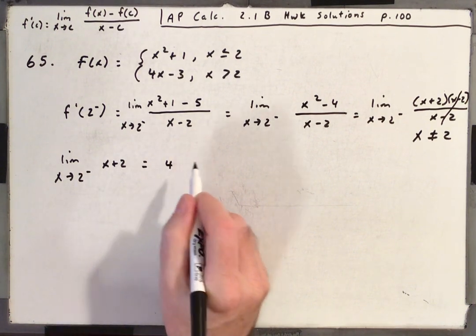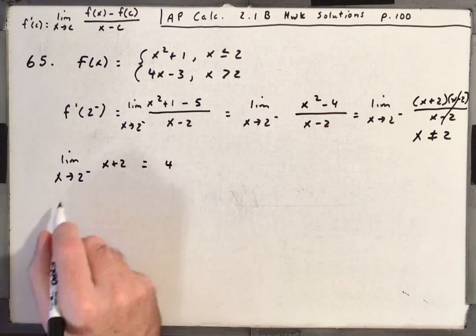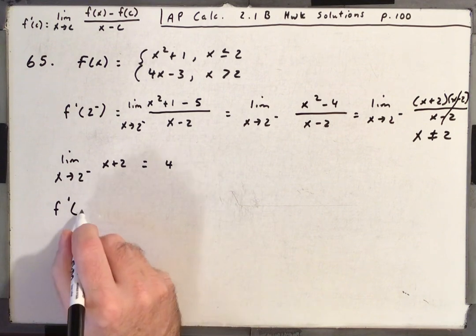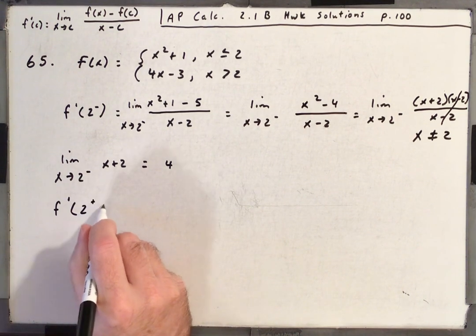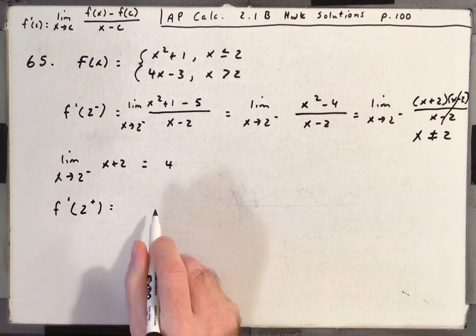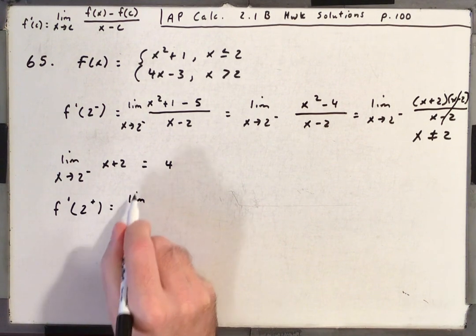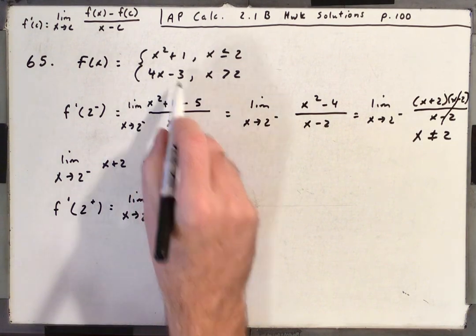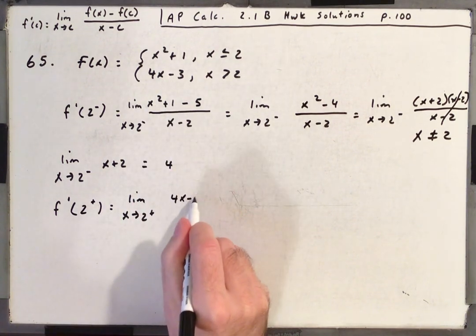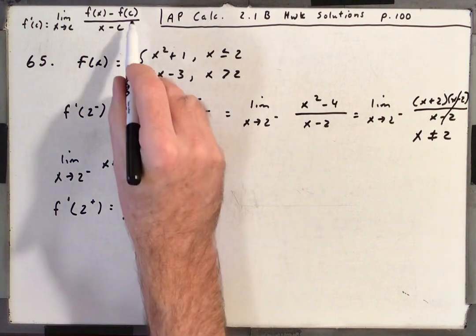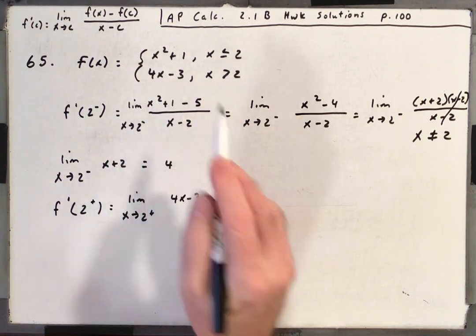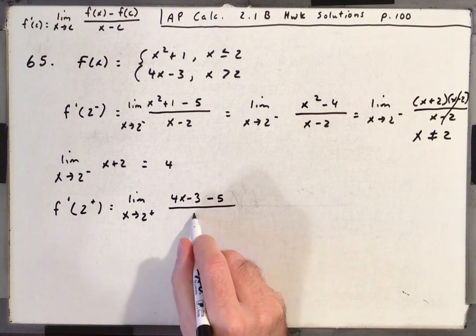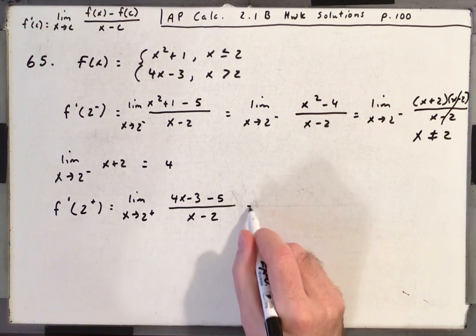So if when we do it from the right, it's also equal to 4, then it is differentiable at x equals 2. So 2 from the right, and that's going to be the limit as x approaches 2 from the right of f of x, 4x minus 3, minus f of c, plug a 2 in, that's 8 minus 3, so minus 5, over x minus 2.